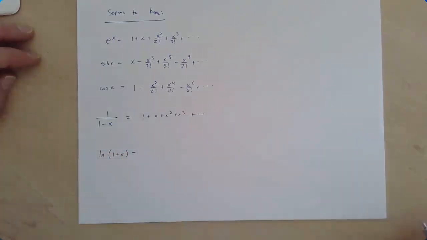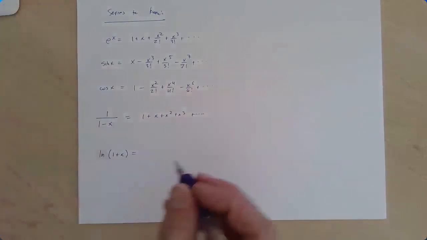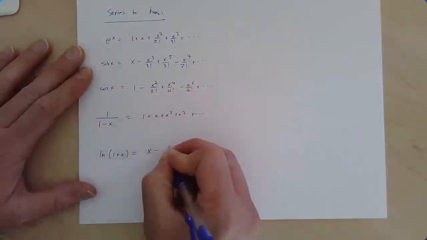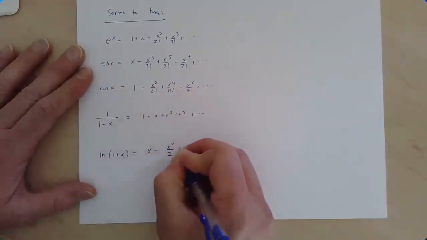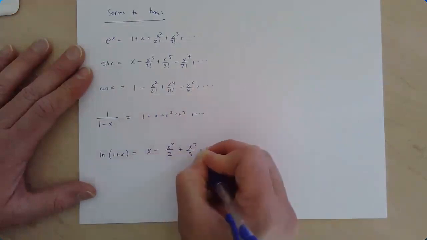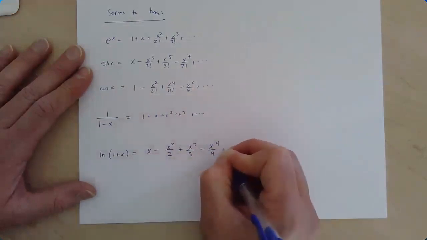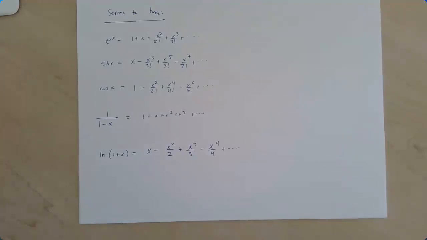Now, where do we start with that? I always have to look. So this is what I feel like you should know, but I don't know it, which is not very good. Not modeling good behavior here. Yeah, it's x minus x squared over 2 plus x cubed over 3 minus x to the 4th over 4, so on and so on.